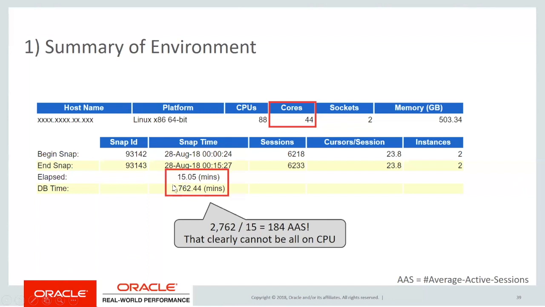Yeah. Dividing this tells us that we have 184 average active sessions going on in this database instance. Well, if we have 184 average active sessions, 184 foregrounds working on a database call with only 44 cores, that clearly cannot all be on CPU. So I'm going to suspect we're going to see a lot of waits at some point.